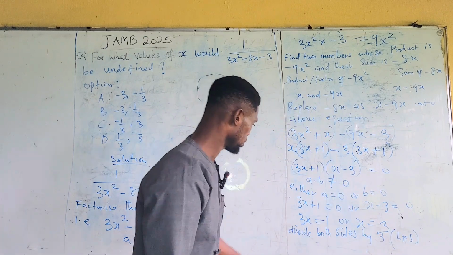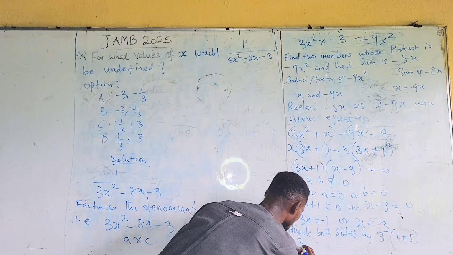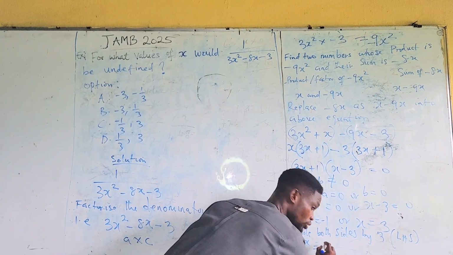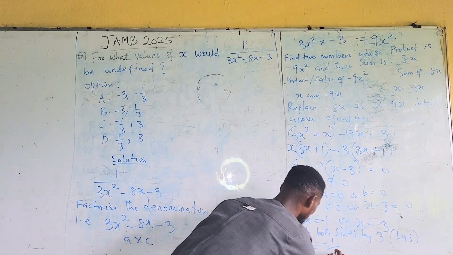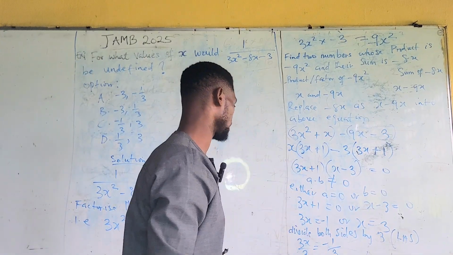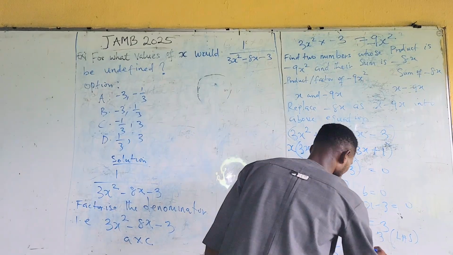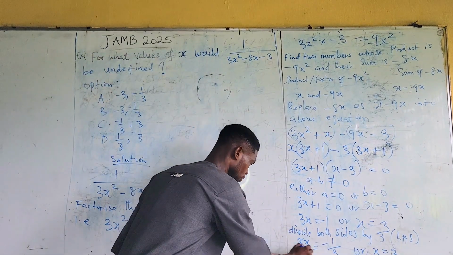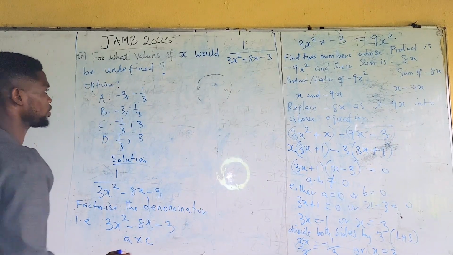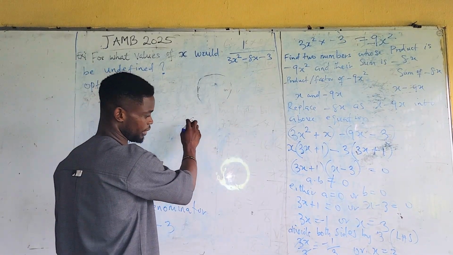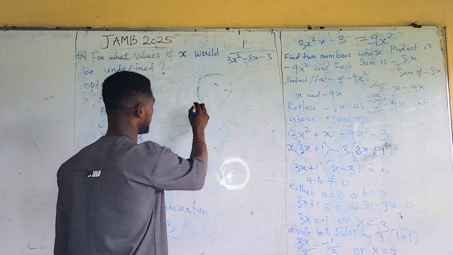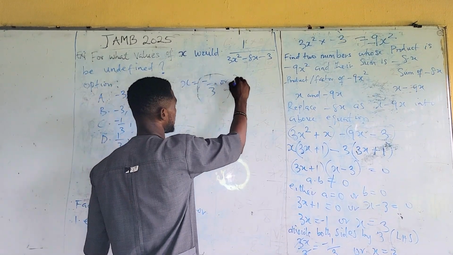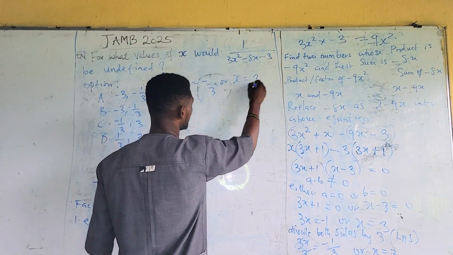If we do that, we have 3x over 3 equal to minus 1 over 3, or x is equal to 3. The 3s cancel, therefore x is equal to minus 1 over 3, or x is equal to 3.